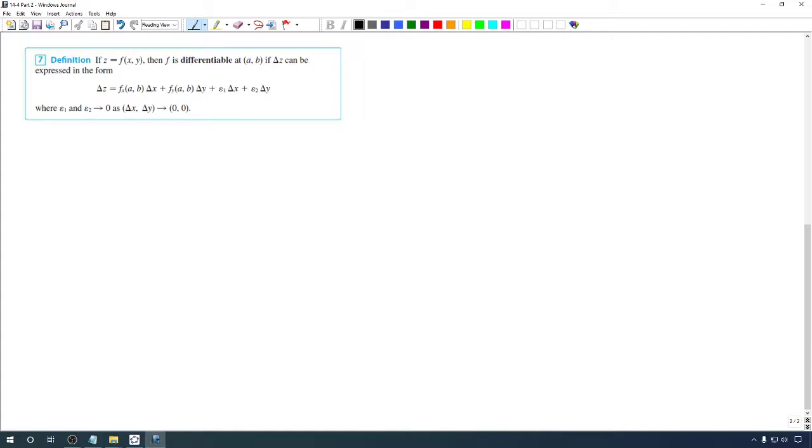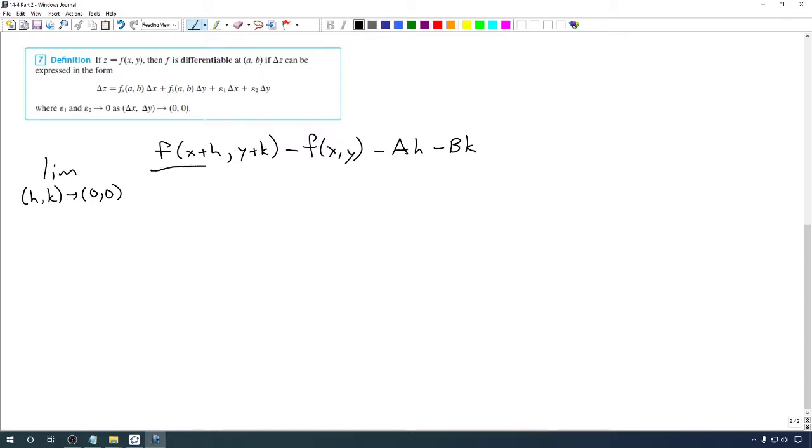To actually work with this a little bit better, and you might see this if you take a more advanced course in calculus, specifically multivariable calculus, usually they'll assume that you have some knowledge of linear algebra, and you'll most likely see something like taking a limit as (h, k) goes to (0, 0) of a fraction where it's taking the difference of f of x plus h and y plus k minus f of x, y, but then minus a times h and b times k, where a and b are some constant values, all over the norm of (h, k), the magnitude of that as a vector, you might say.